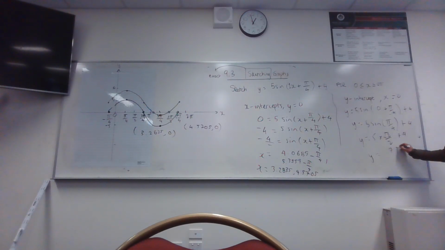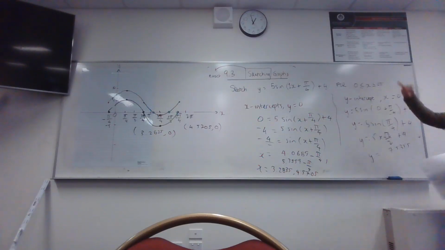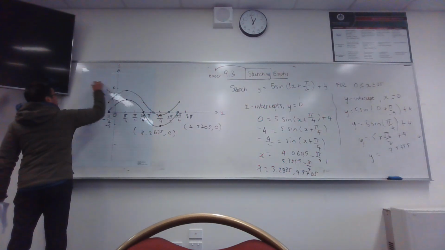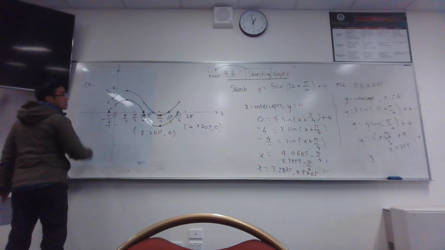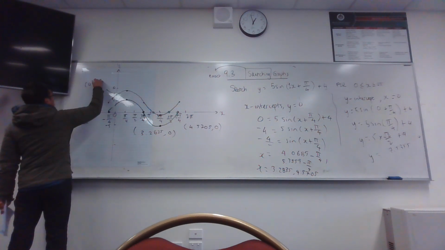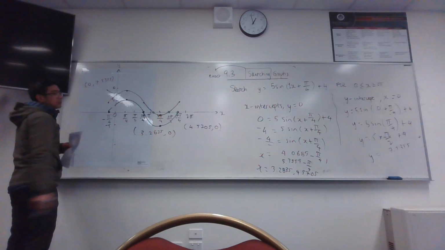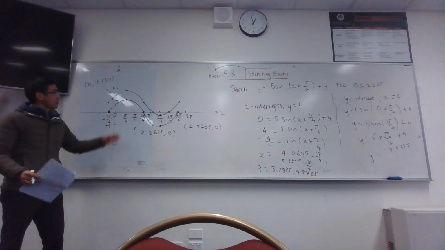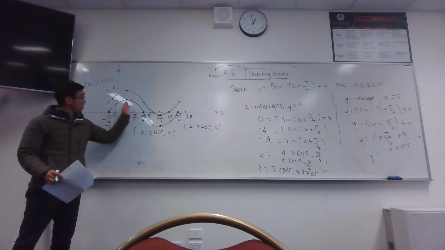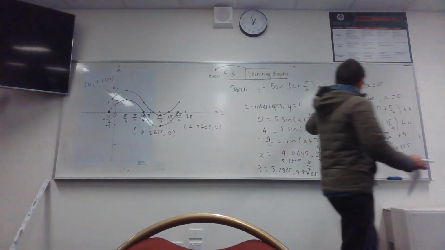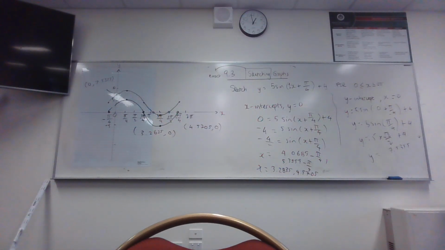You could have 7.5355, and it works out over here that this is our 7.5355. Okay. Right now, you're not expected to hit your highs and lows, just the x and the y intercepts with the working out.